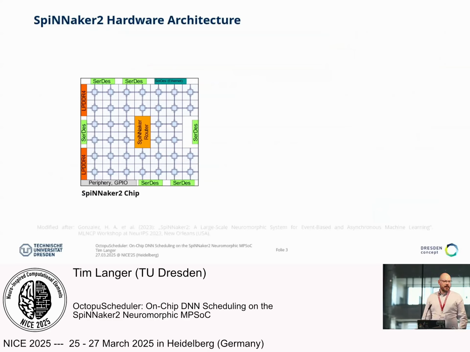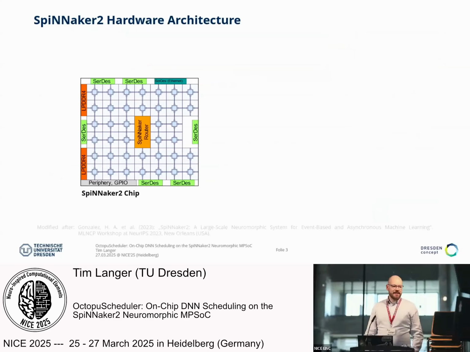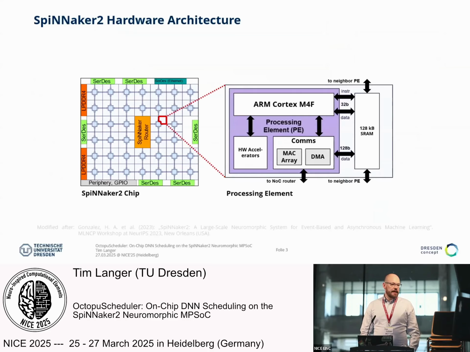So shortly about the hardware architecture, you might have already seen this once or twice, but this is the Spinnaker 2 chip here. It's basically a multiprocessor system on chip platform. It's a many-core architecture. You have 152 processor cores on the chip. And each of the cores has such an architecture where the centerpiece is an ARM Cortex M4 processor, and you have different extensions to this.